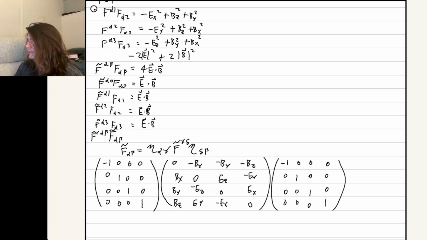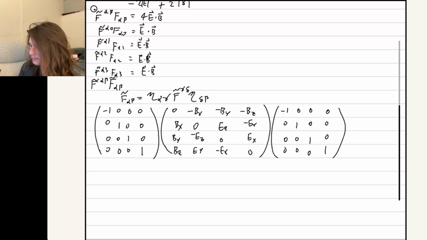What that is going to do is first flip the sign on the first column, so all of these are going to become minus signs, just evaluating the multiplication of these two matrices. And then when you multiply that with the other side, it's going to flip the sign of the top row. So all you really did is exchange signs between the first row and the first column.